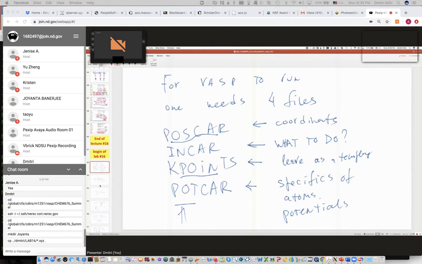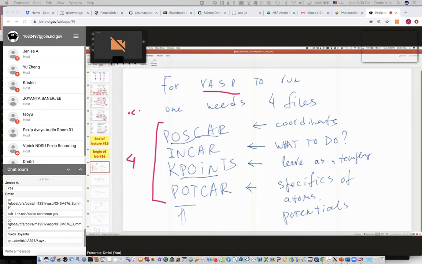The software that we are going to practice is called VASP, the Vienna Ab initio Simulation Package. Unlike Gaussian, it has 4 input files. In Gaussian, all input information is stored in the .com file.